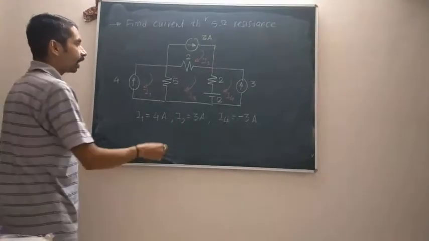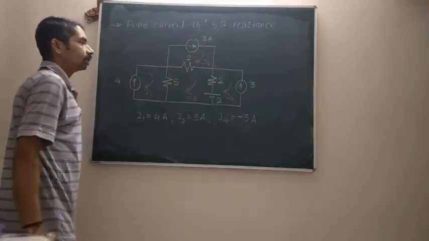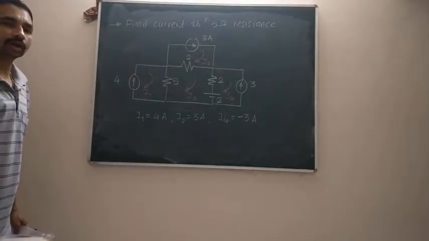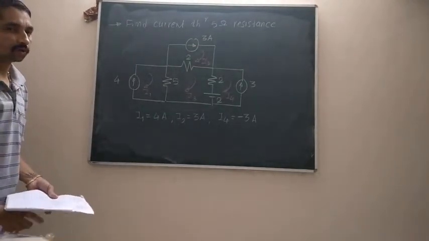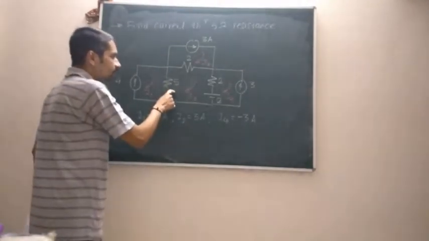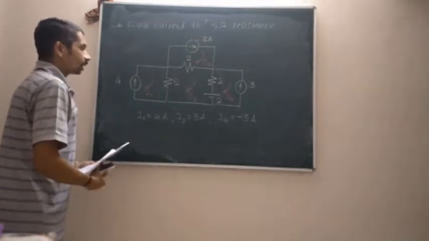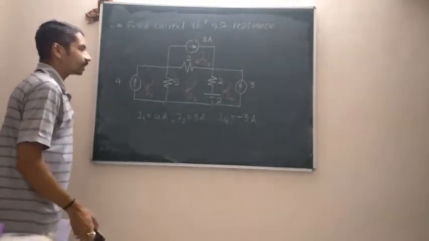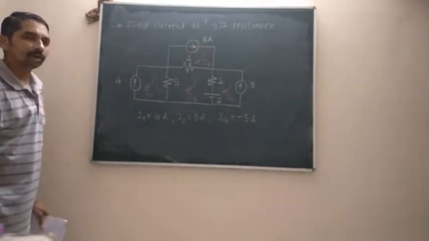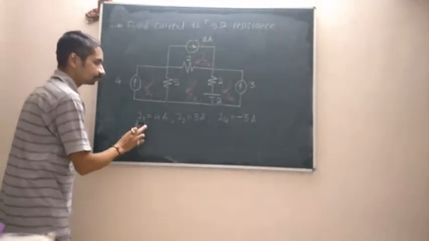So in short, I have to apply KVL to the middle loop only, in which I have assumed the current of I3 amperes is flowing, and our final aim is to get the current flowing through this 5 ohm resistor. Let us see how we can write down the equation for that middle loop.